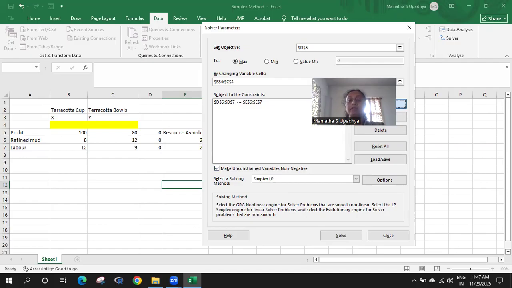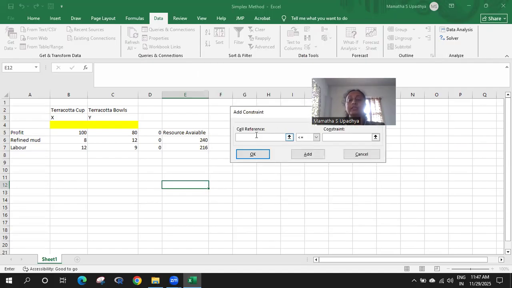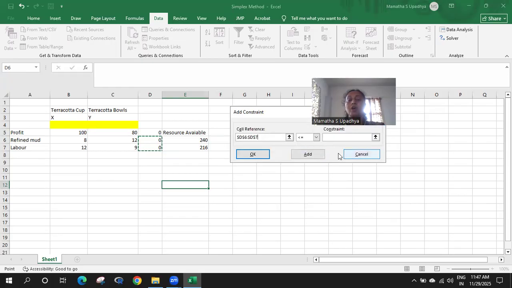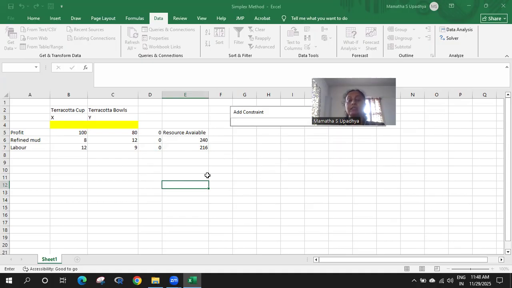Now go to Add. It is asking for the cell reference. Take these two cells as the cell reference. Since our constraint was less than or equal to, here you can select less than or equal to. Now we have to select the constraint.